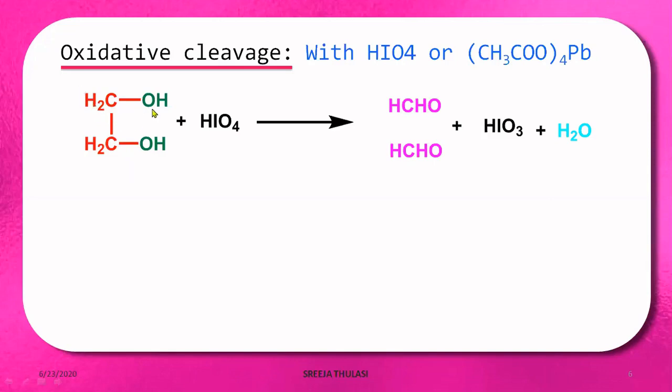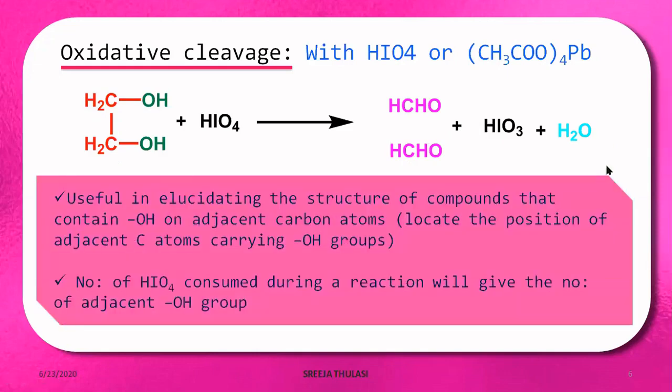So this fragment of CH2OH is oxidized to the corresponding aldehyde, which is formaldehyde, and this portion is also oxidized to formaldehyde. So we get two molecules of formaldehyde, HIO3, which is iodic acid, and water. So this reaction is useful in elucidating the structure of compounds that contain OH groups on adjacent carbon atoms.